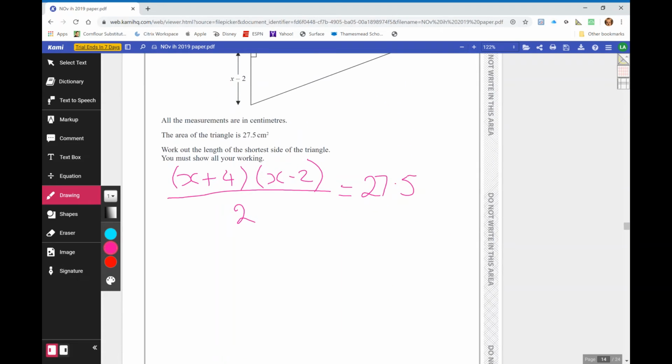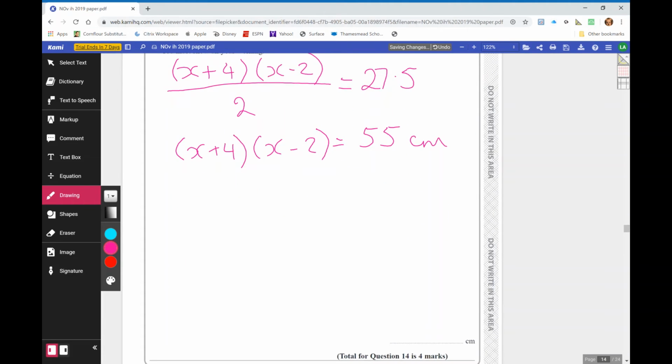And then, if you're doing this, divided by 2 equals that, you times both sides by 2. You end up with (x minus 2)(x plus 4) equals 55 centimetres.